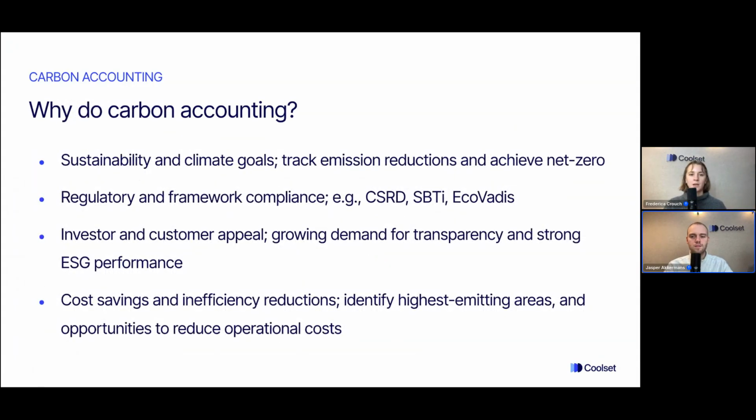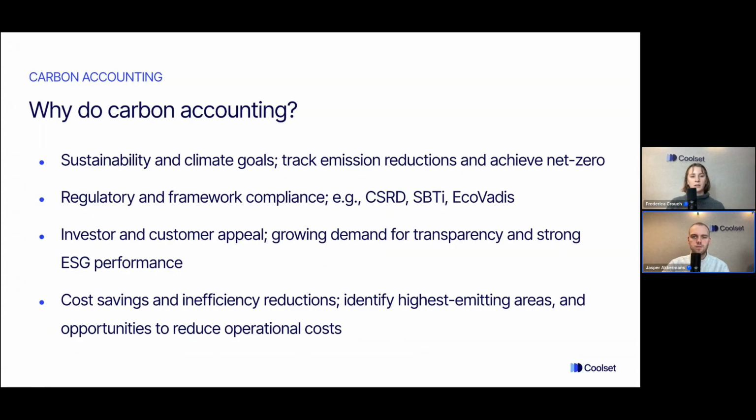Next slide, please. Great. And why do we do carbon accounting? So as I just said, sustainability and climate goals are one of the main drivers, with the EU aiming for net zero at 2050, and maybe your company has their own net zero goals. This is a really great place to start with reducing those emissions.